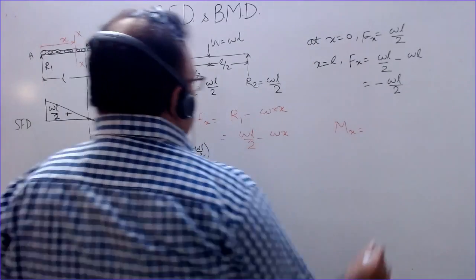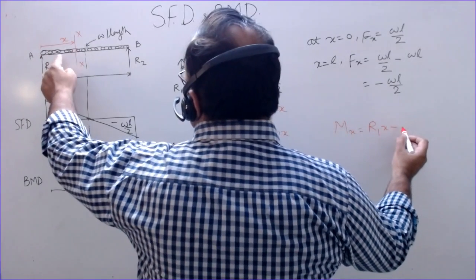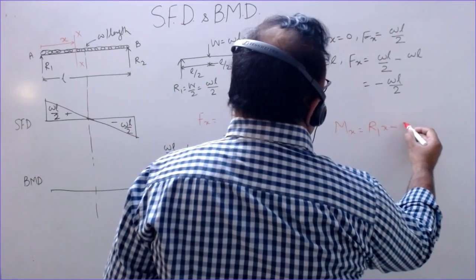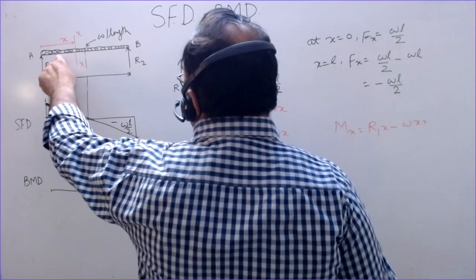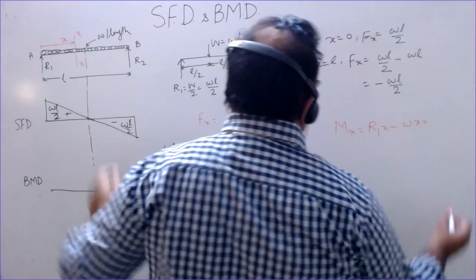Moment due to R1, R1x minus moment due to this load. The load is acting at its center. What is the load contained? Small w into x multiplied by the distance of the load. Point of application is at the center. Center to this section, this is x by 2.